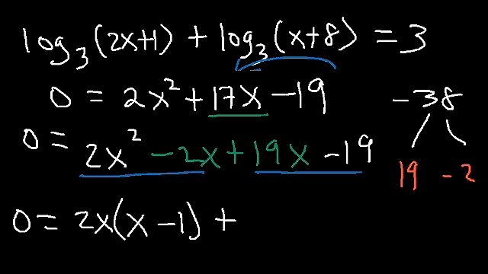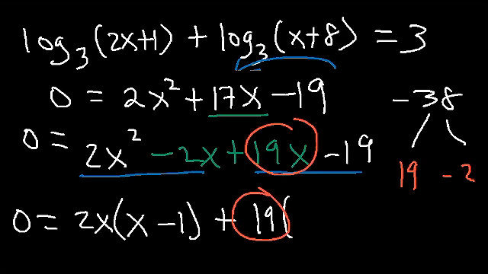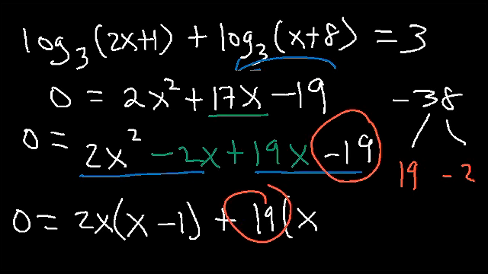Now from 19x and negative 19, we can take out a 19. 19x divided by 19 is equal to x. Negative 19 divided by 19 is equal to negative 1.